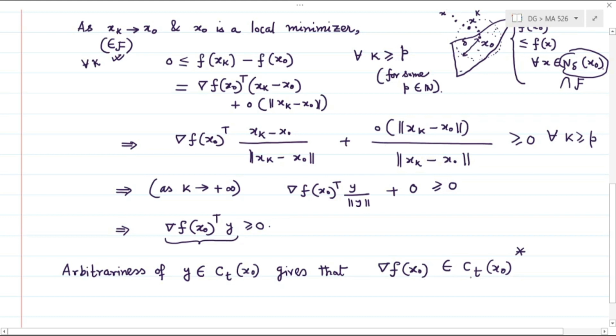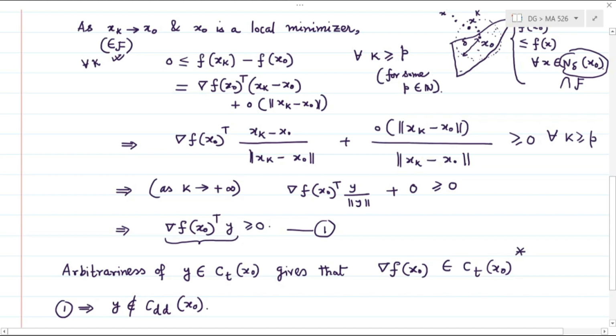Once you have this, then immediately what we notice from (1) is that for every y in the tangent cone you have gradient of f(x0) transpose y greater than or equal to 0, and therefore y does not belong to the cone of descent directions, because if y is in the cone of descent directions, then grad f(x0) transpose y must be less than 0.